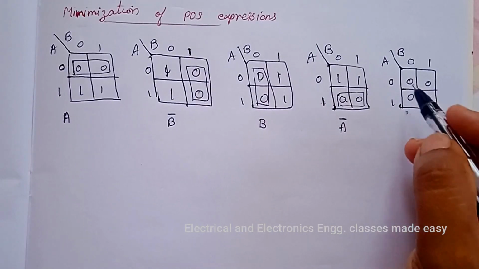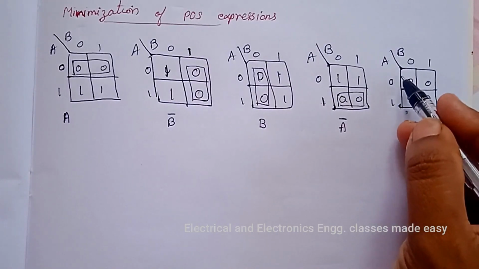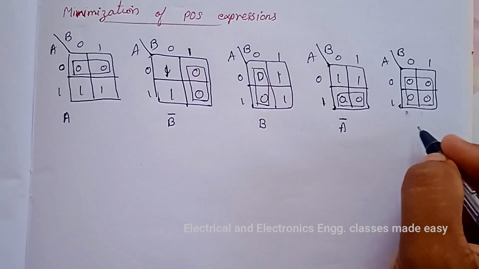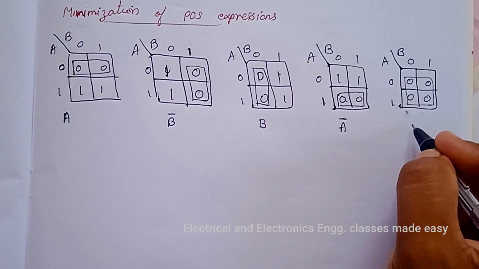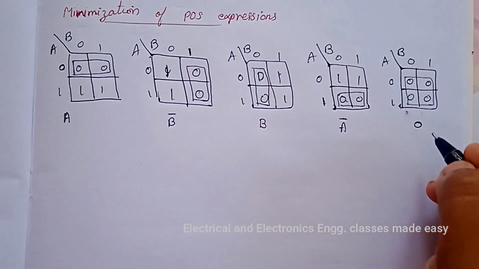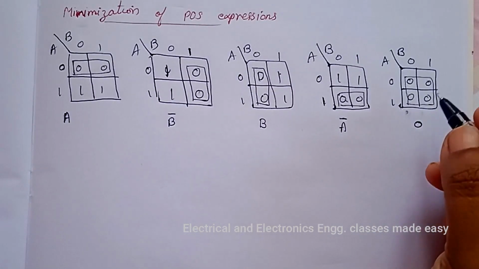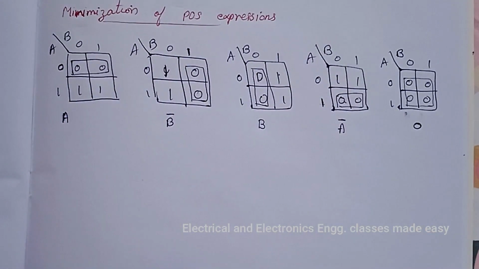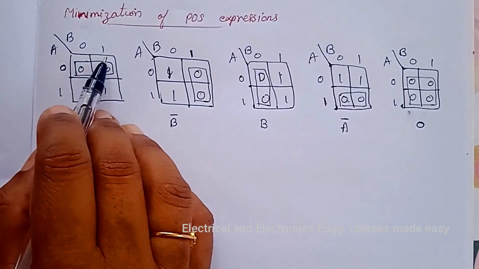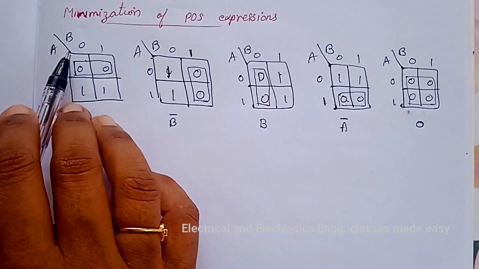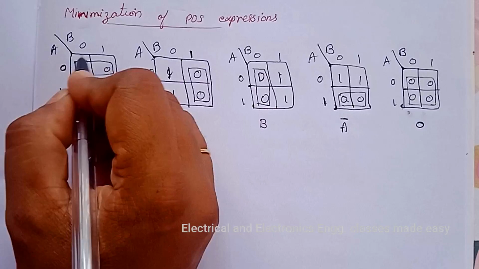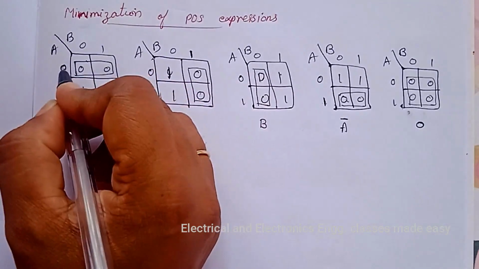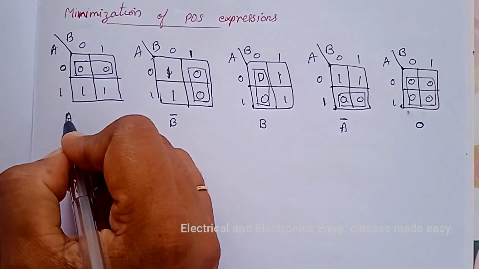And if all the squares are 0, then we can combine like this, and its value here is 0. So the variable which is changing, we can eliminate that variable, and the variable which is constant throughout, we can write the variable as it is.